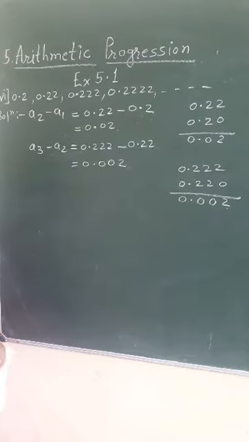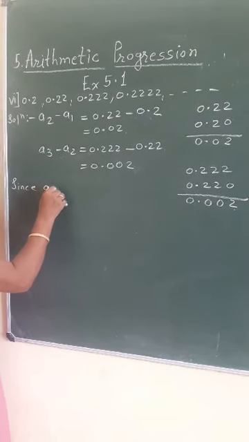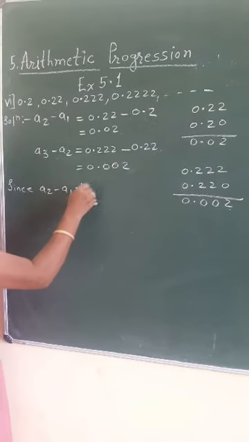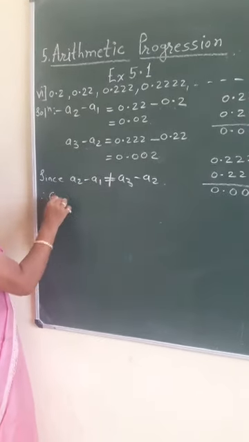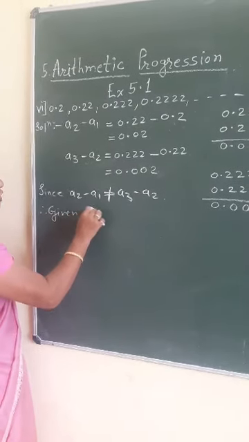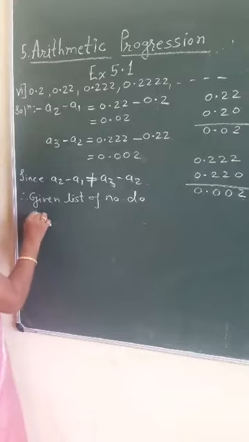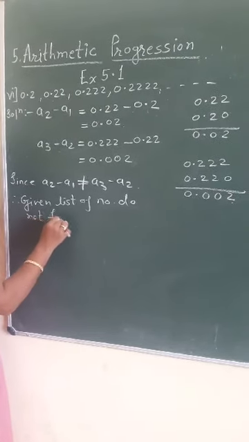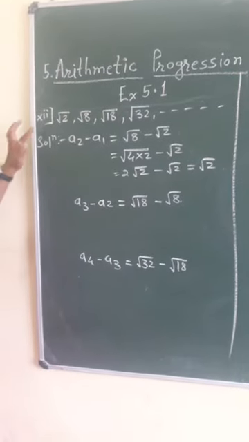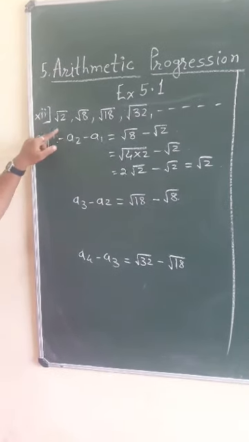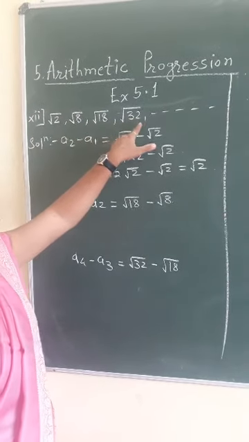It is not the same. Here we will say since A2 minus A1 is not equal to A3 minus A2, therefore the given list of numbers does not form an AP.